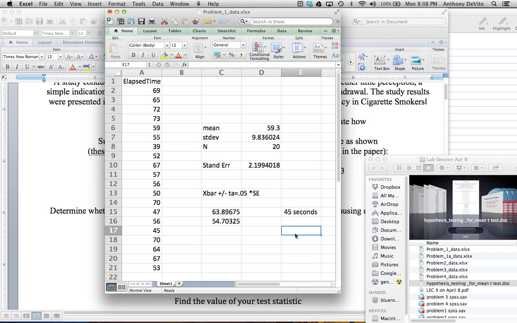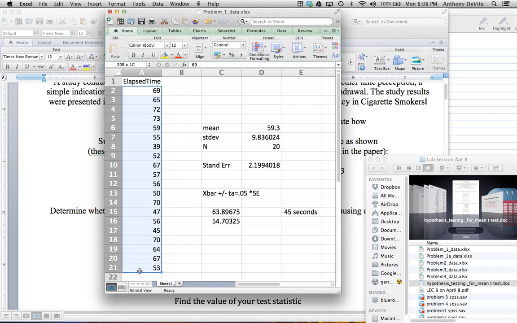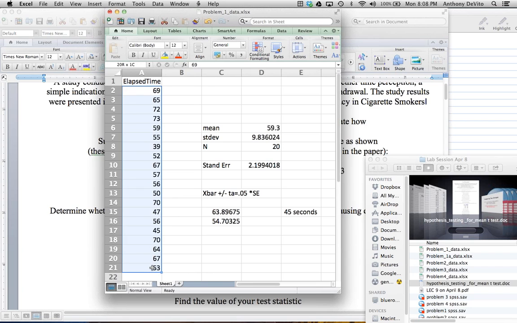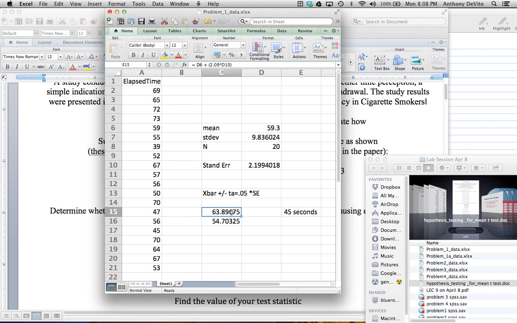So if our objective is to determine whether smokers guess significantly different than the real time for a period of 45 seconds, we just need to compare our 95% confidence interval to that single value, 45.